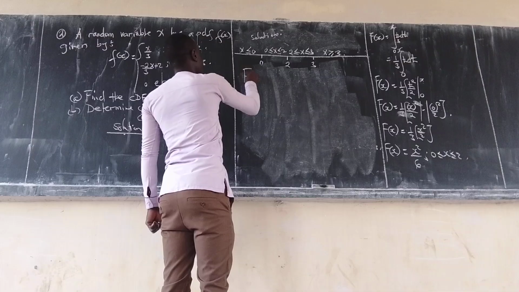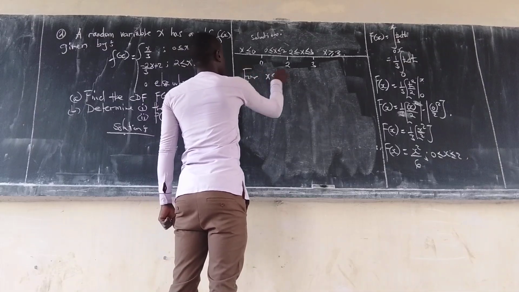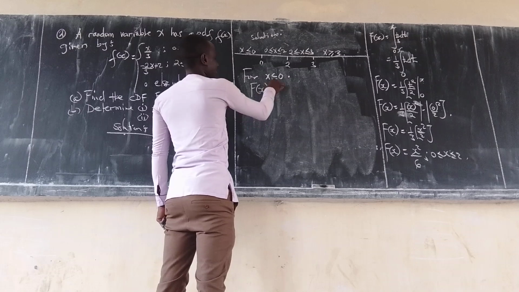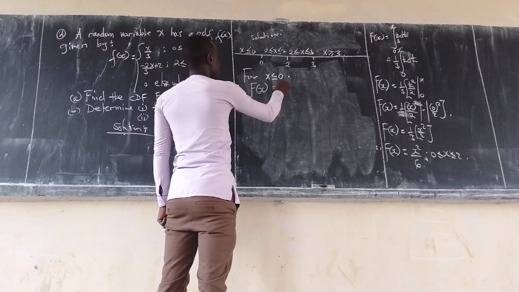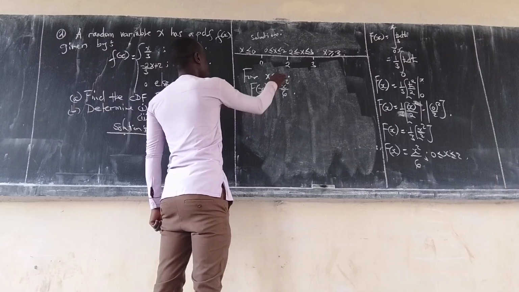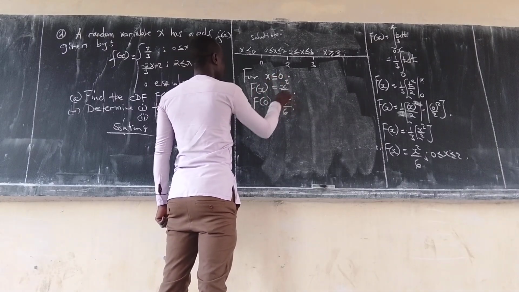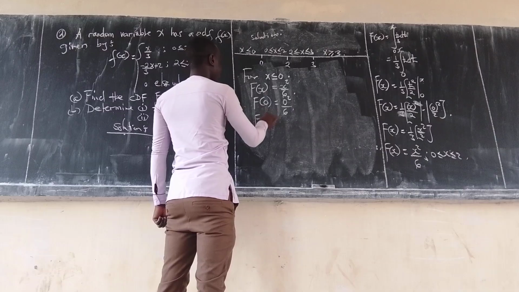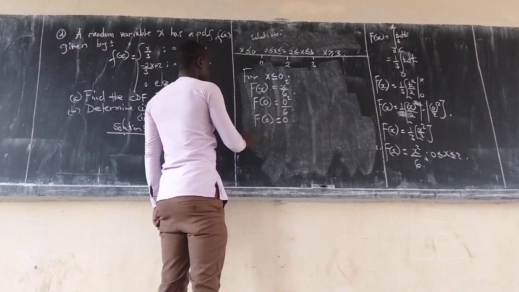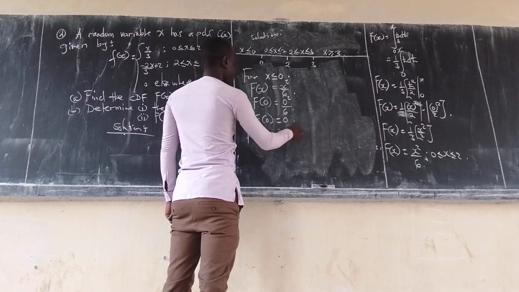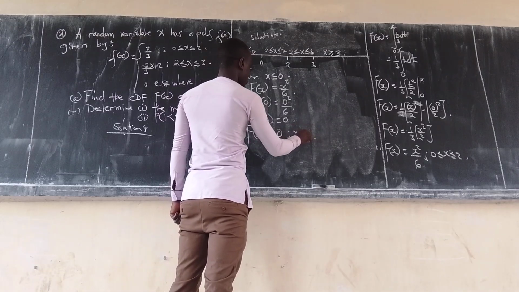So for x less or equal to 0, our capital F of x for the second interval is already x squared over 6. So you get the 0, and you substitute in there to be 0 squared over 6. And capital F of 0 is 0. So my capital F of x becomes 0 for all x values less or equal to 0.